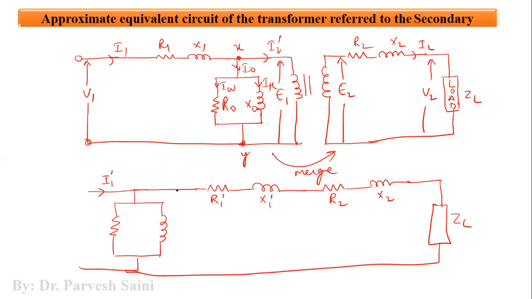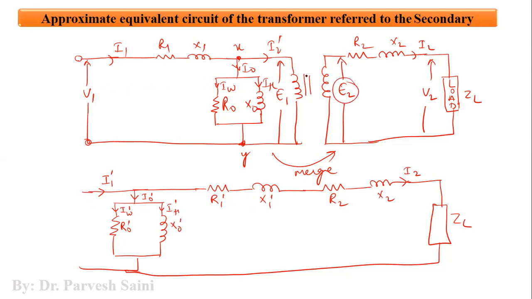And here we have the current I2, and here we have the current I naught dash, here we have the current IW dash, this is I mu dash, and it is X naught dash, and it is R naught dash, and this is equal to, now this is E2.